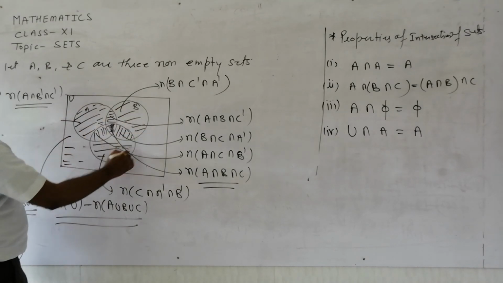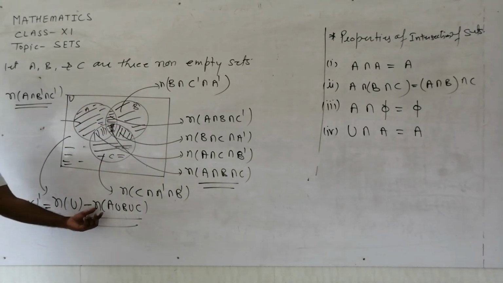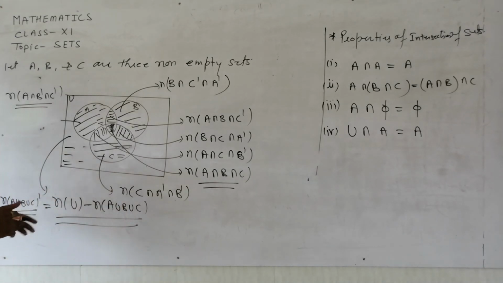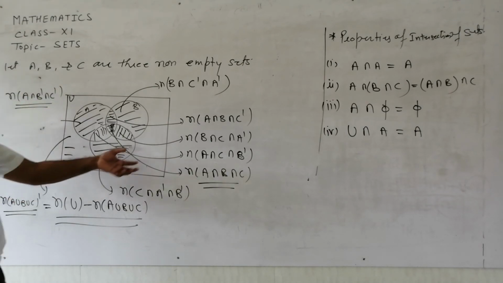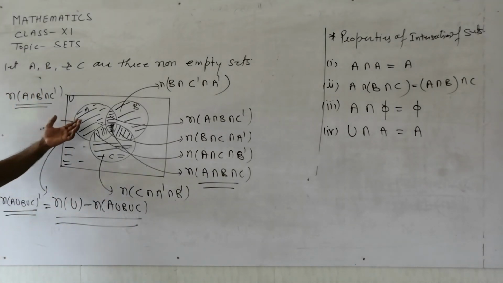If you find the complement of all this, then you will be finding n of U minus n of A union B union C. So in this way, set notation and the Venn diagram help us to set up the relation between the sets, and using this formula also we can easily find the elements which belong to this particular section.